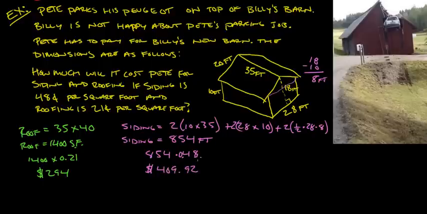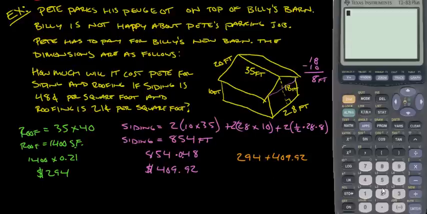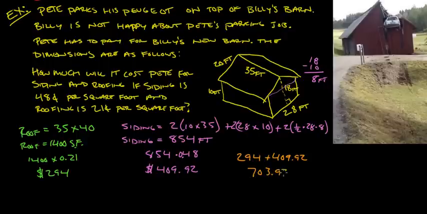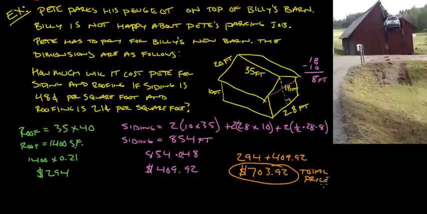Right? So our grand total, or I guess Pete's grand total, is going to be 294 plus 409.92, which, let's see, is going to give us 703.92 is going to be the total price for the new barn.